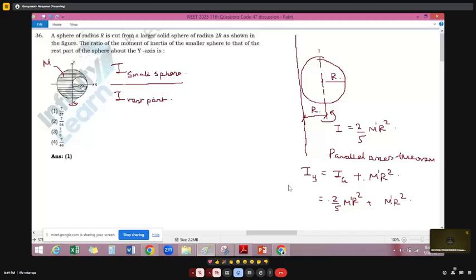So this is where it becomes slightly confusing. You should be careful with what we are doing. Concepts are already there. If you have studied the parallel axis theorem, you can do this, but these kinds of minute errors we may make. So what will happen is for the total volume, listen carefully.